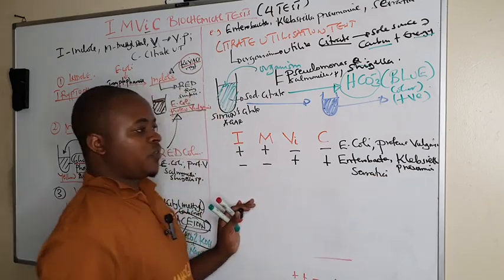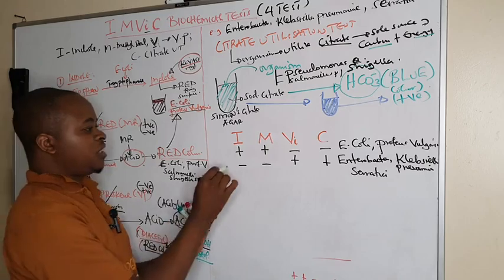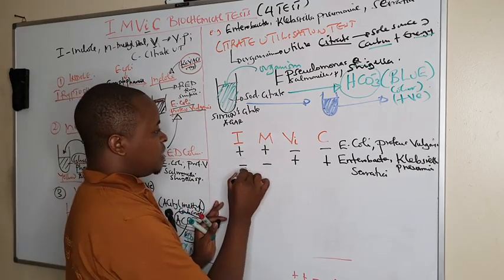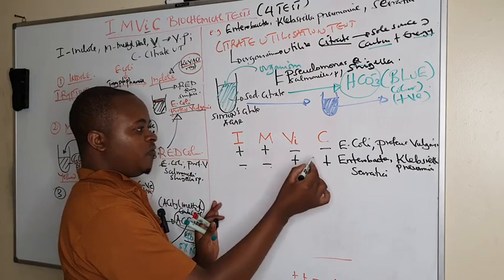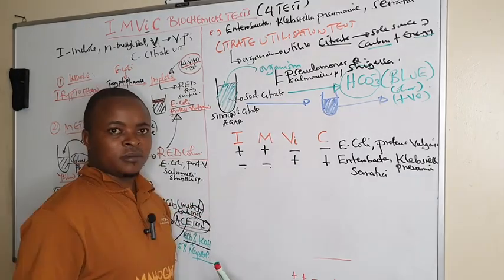So these are some of the organisms which give negative indole, negative methyl red, then positive VP and positive citrate.